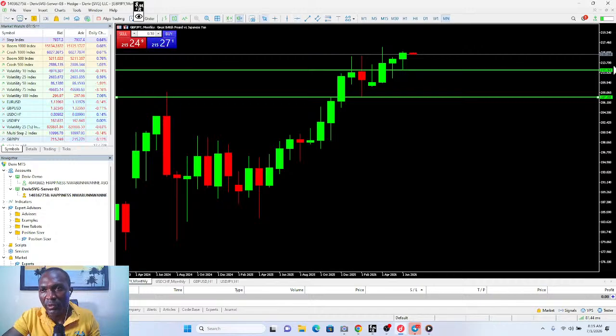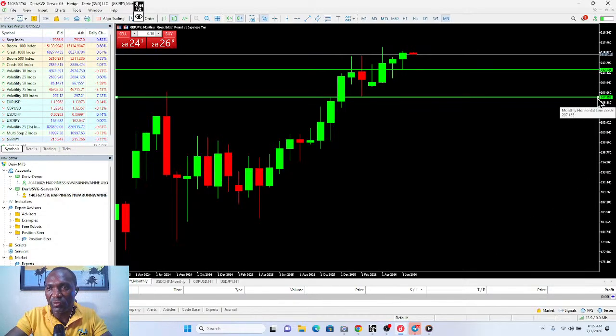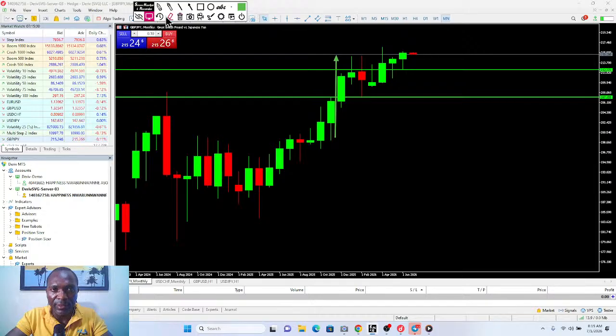Good. So this I will not screenshot. This is just the way we have to trade. So these lines which you are seeing are my areas where I want to buy.